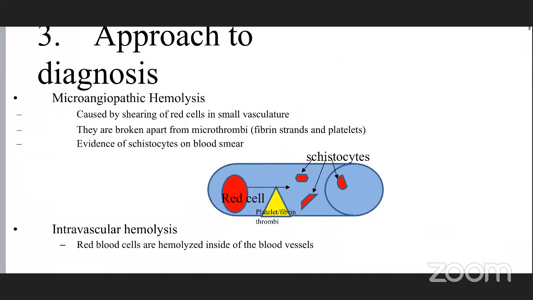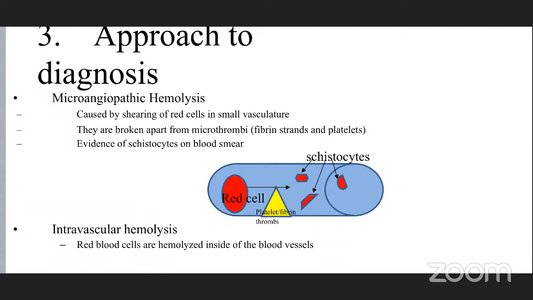Okay, our approach to microangiopathic hemolytic anemia, which is caused by shearing of red cells in small vasculature. They are broken apart by microthrombi, fibrin strands, and platelets, and we see evidence of schistocytes on the smear. This microangiopathic hemolysis we call MAHA.